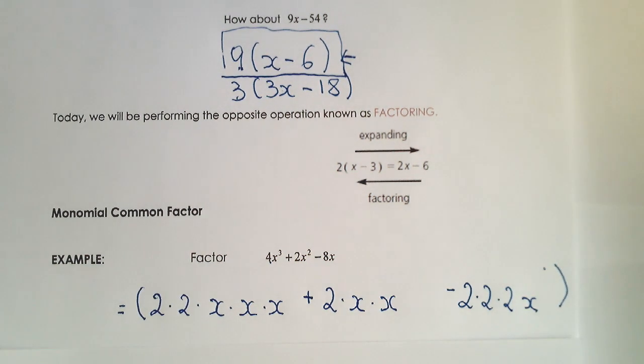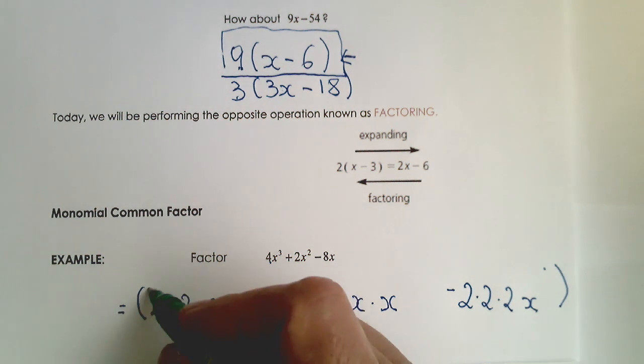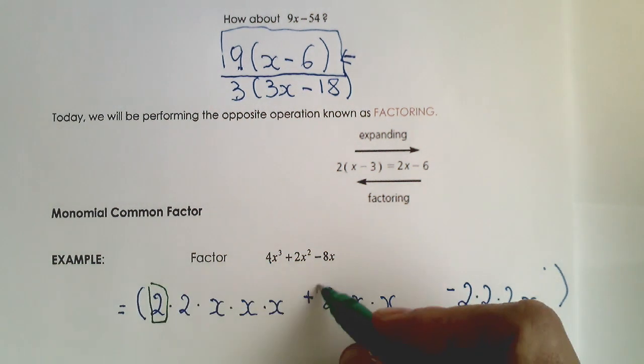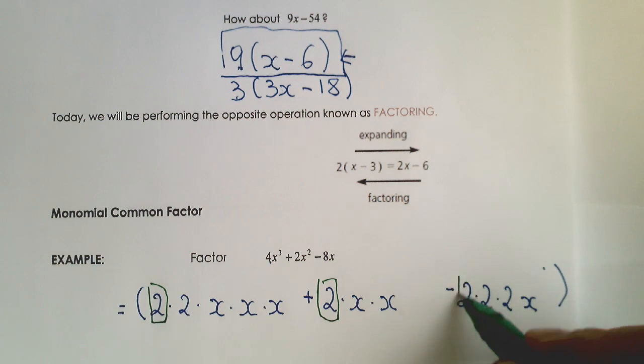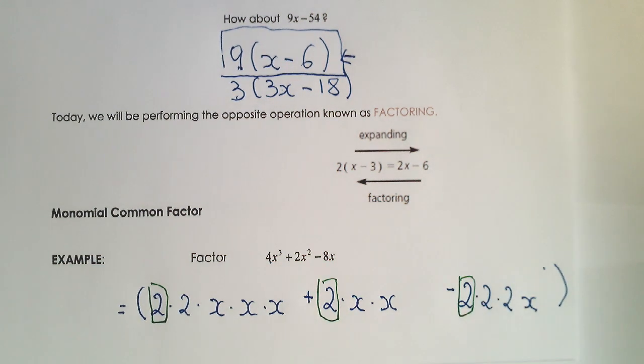And the next step will be to find the greatest common factor. What's in common to all these terms is we have a 2 here, and a 2 here, and another 2 here. So those 2's are in common. Let's see if I have another common factor. I have a 2 here, but I do not have a 2 over here. So therefore, for the coefficient, 2 is the greatest common factor.